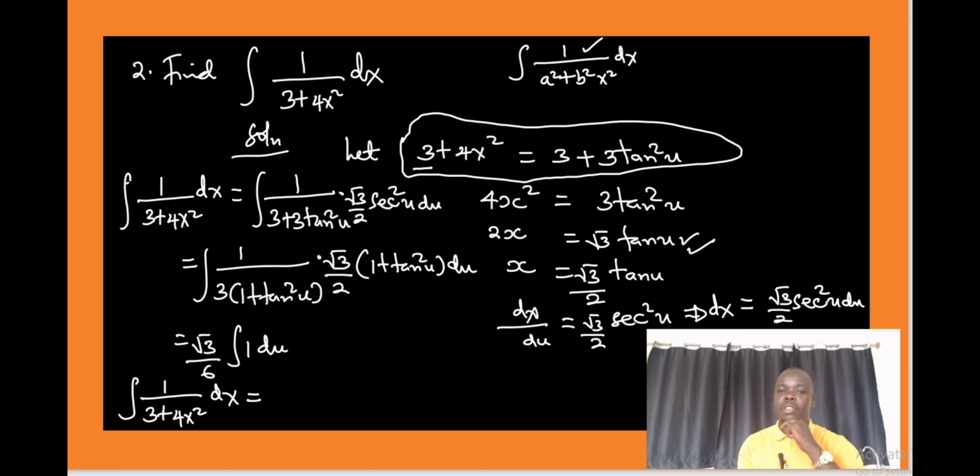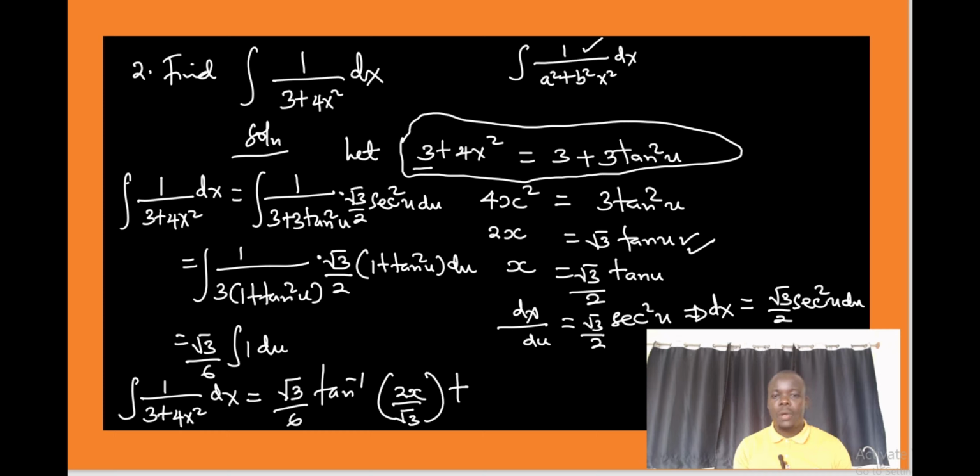I say if 2x equals root 3 tan u, then tan u is 2x over root 3 first, implying that u would be tan inverse of 2x over root 3. That means the right answer would be root 3 over 6 tan inverse of 2x divided by root 3, and then plus our constant of integration.